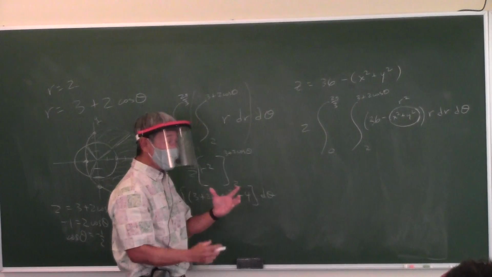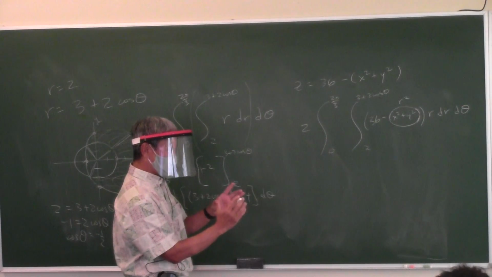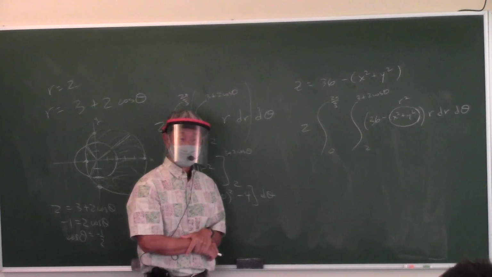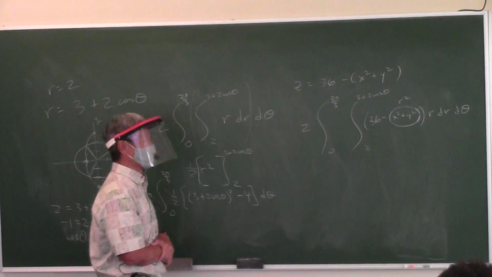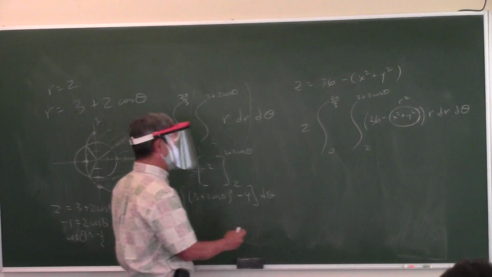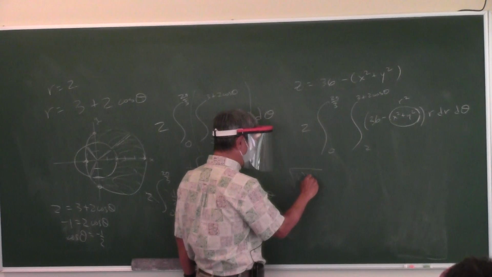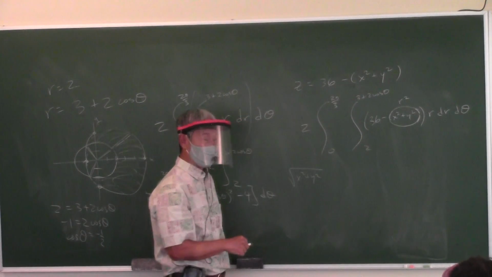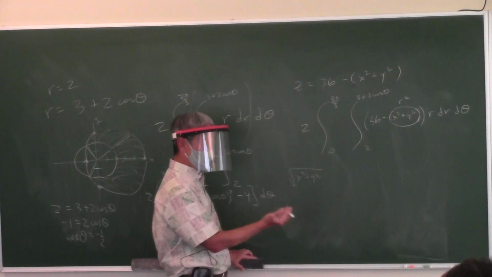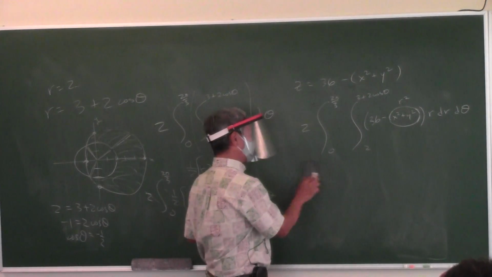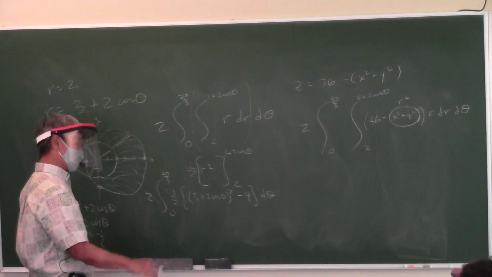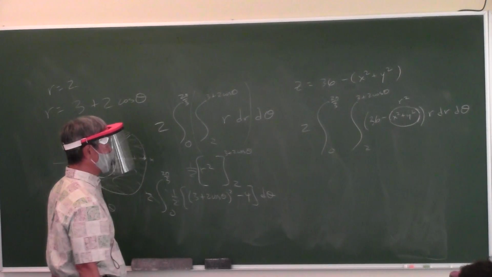So whenever you see a quantity x squared plus y squared, you know you're going to do it using polar, because it makes the integral a lot easier, especially when there's roots. If you have to integrate something like this with respect to either x or y, you're going to have to do trig substitution. That's why if you do it in terms of polar, it's going to be a lot easier. That's why we have all these different coordinate systems, so that it makes things easier.